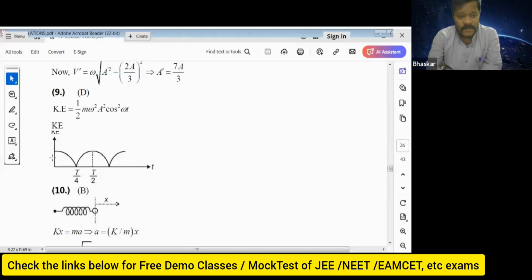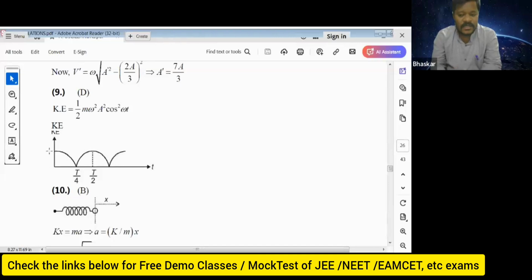Why I am asking you, now I tell that the body is at the center, equilibrium. Now this is being displaced from the center, keeping it at the maxima. Then now you release it.